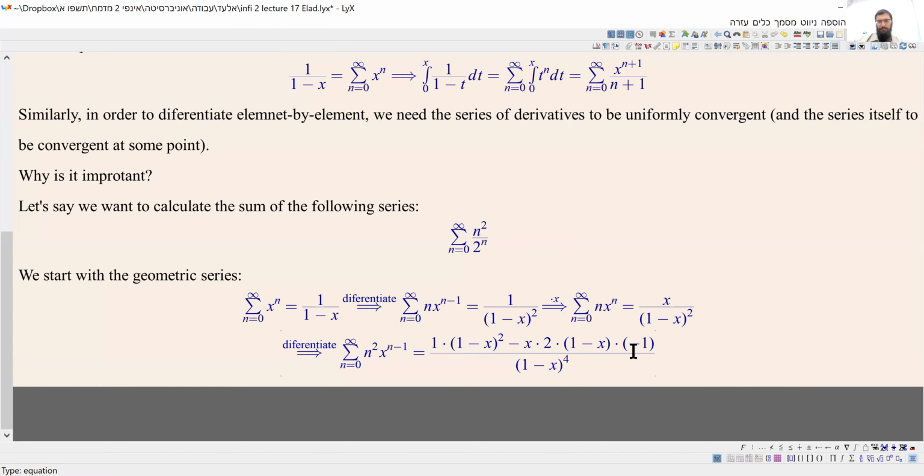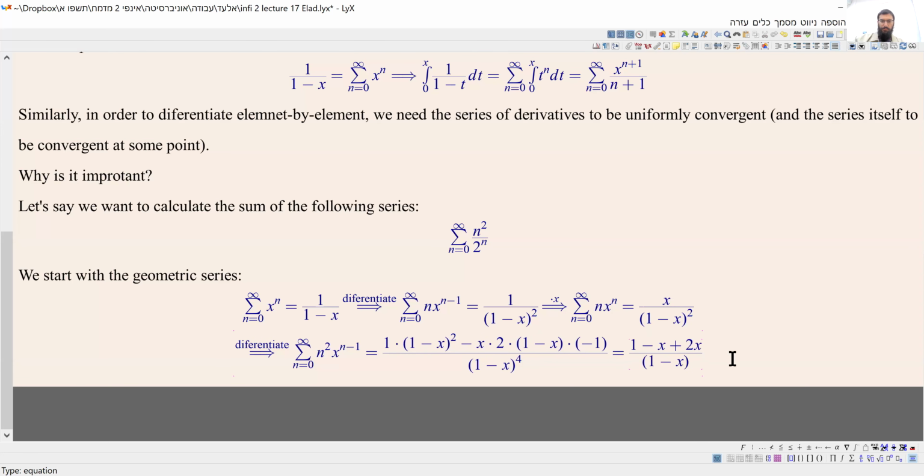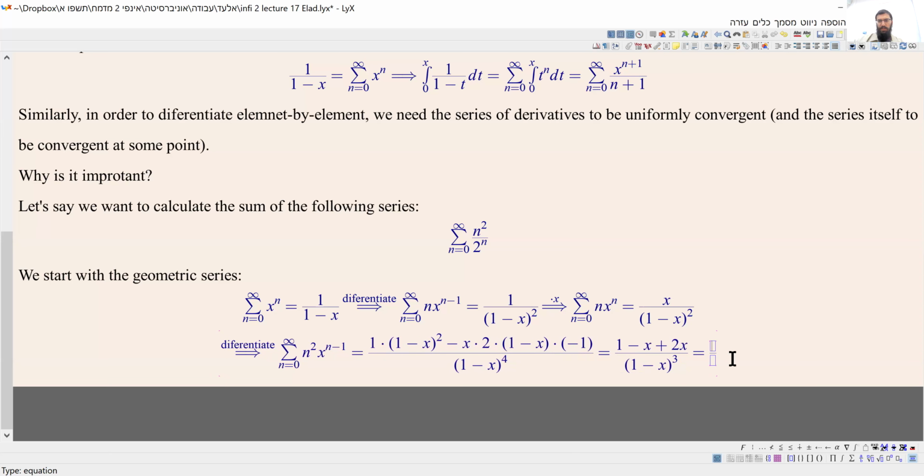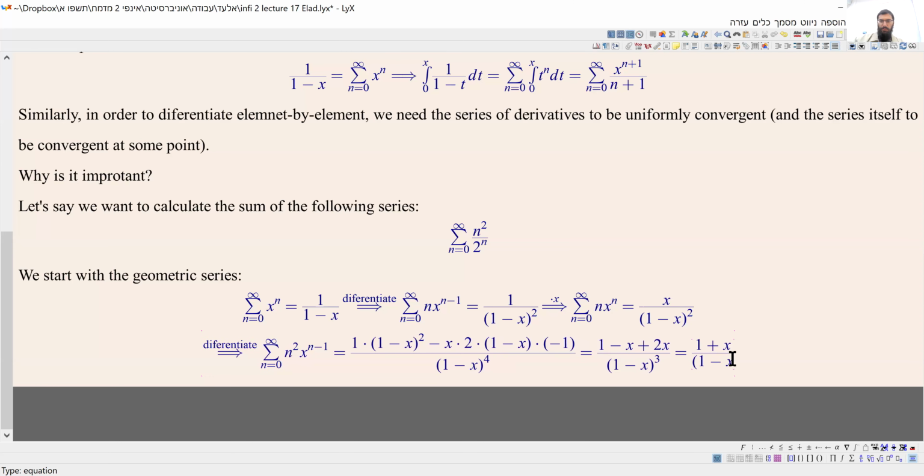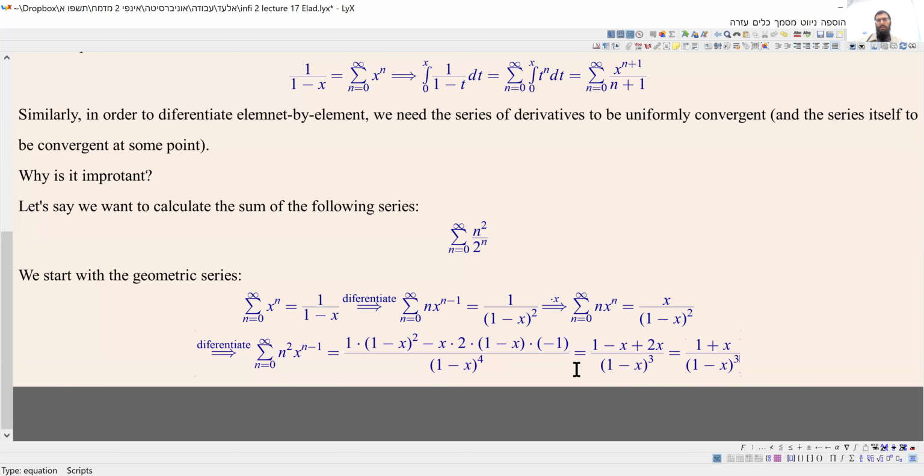Why is it like this? First of all, we can cancel 1 minus x from each element. Secondly, it is minus minus, which is plus. And we have 1 plus x over 1 minus x to the power 3.